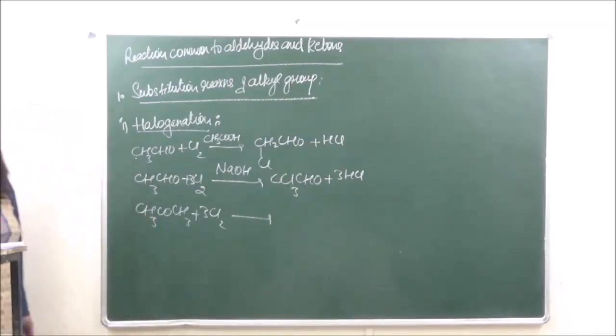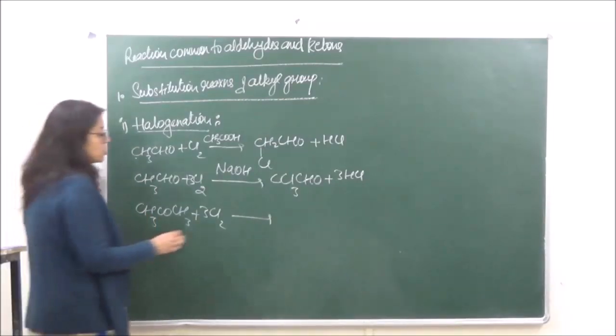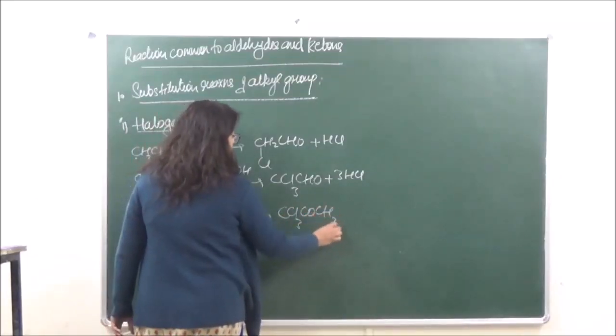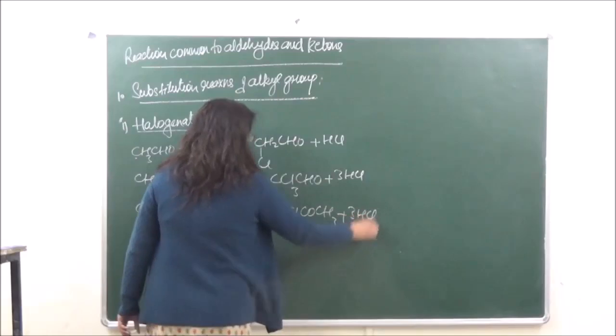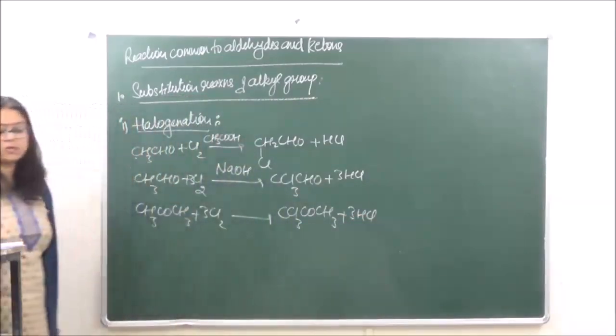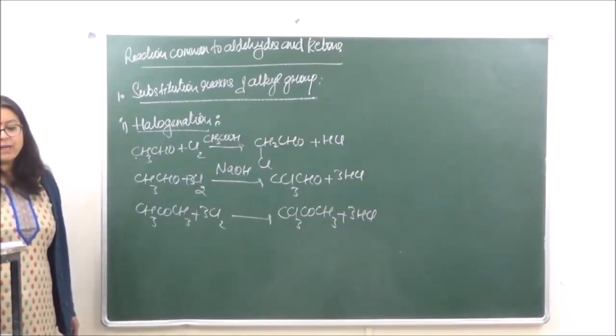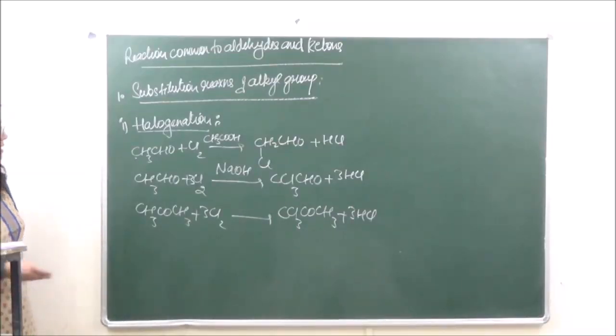One of the carbons can be easily substituted first, so we get a compound like CCl3COCH3.